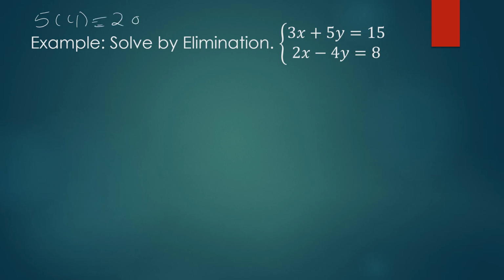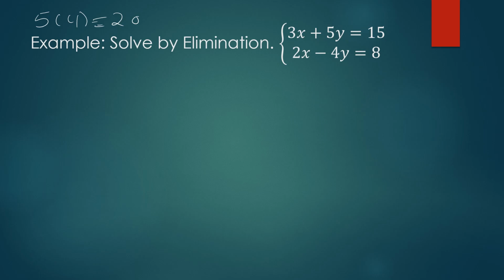So if I can make the coefficients of y be positive and negative 20 respectively, if I add those together, I get rid of my y. So I'm going to multiply each equation by a number. Remember, by the multiplication property of equality, I can multiply an equation by any non-zero number.